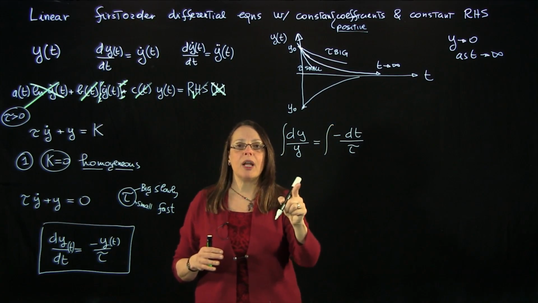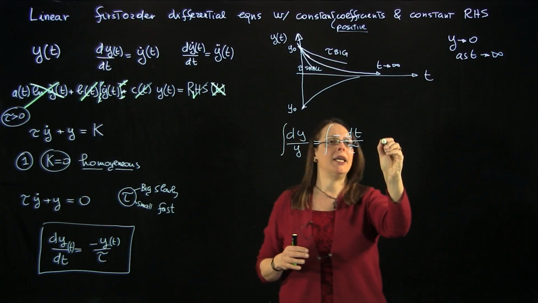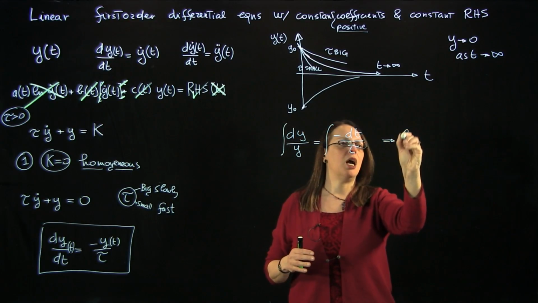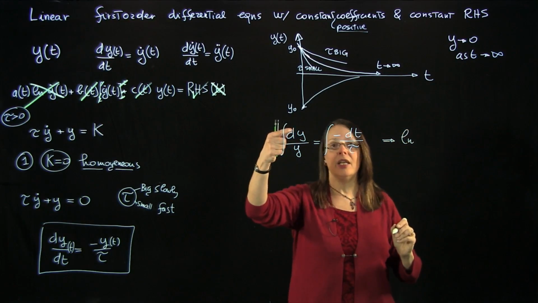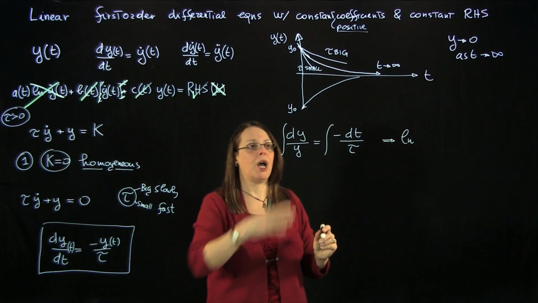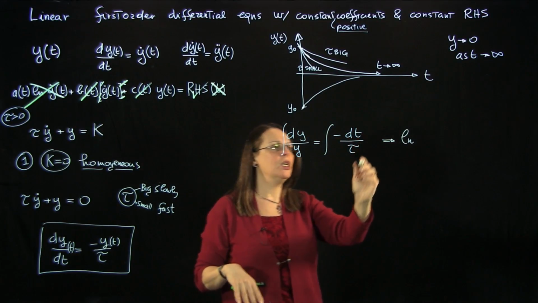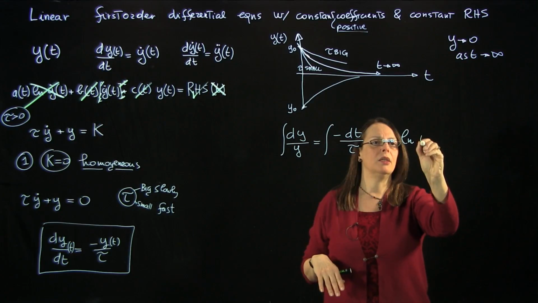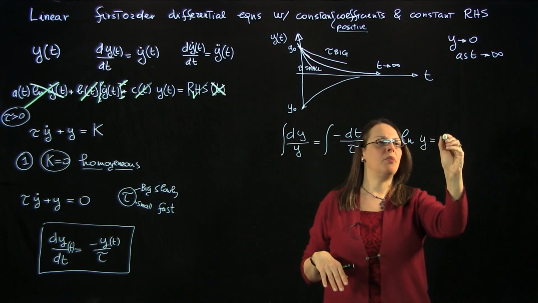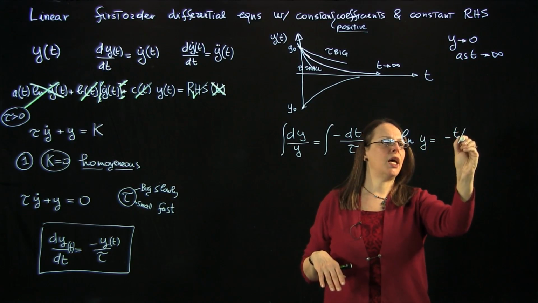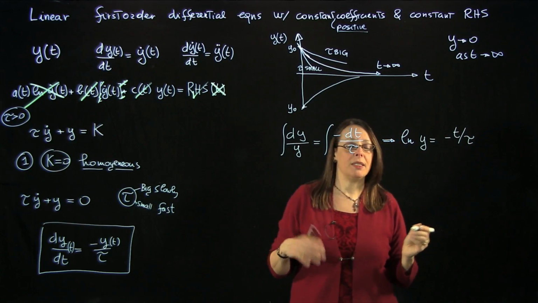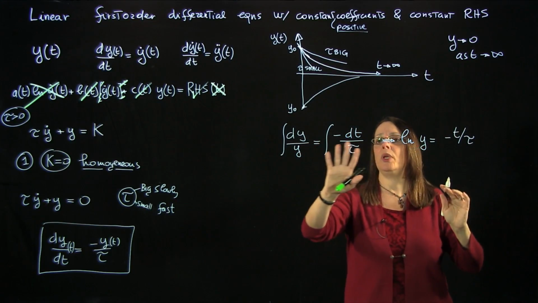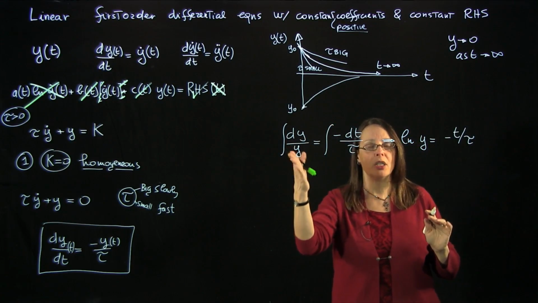So if I integrate dy over y, that's log of y, and integrating dt is simply t. So I get that the log of y is equal to minus t over tau. As simple as that. But now, because I did two integrals, this is true except for a constant of integration.